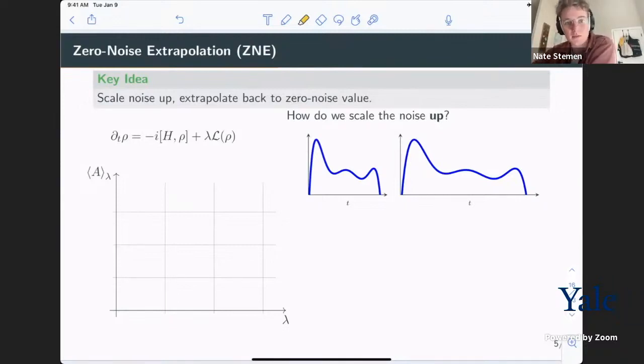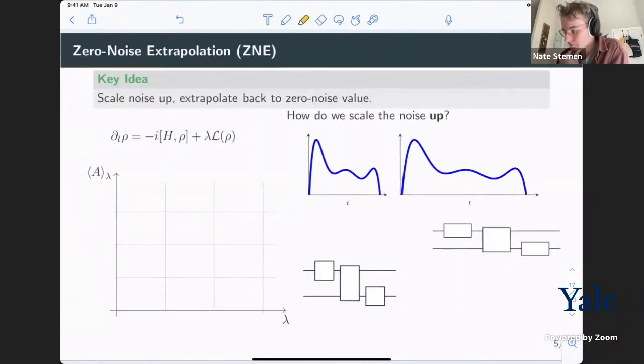It's not perfectly like, I do the pulse over twice the length and there's twice the noise. It's not necessarily that simple, but the idea of doing the pulse slower and accruing more noise does hold true to some degree. And just a silly diagram, if you have some circuit here, when you do the pulses slower, I represent that as fatter gates.